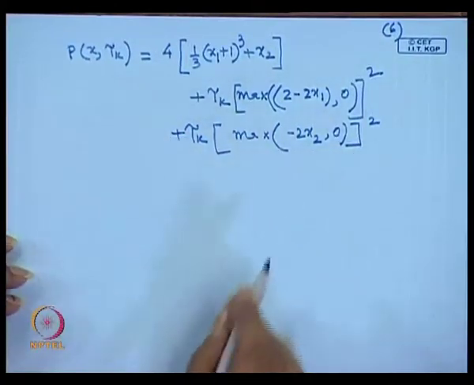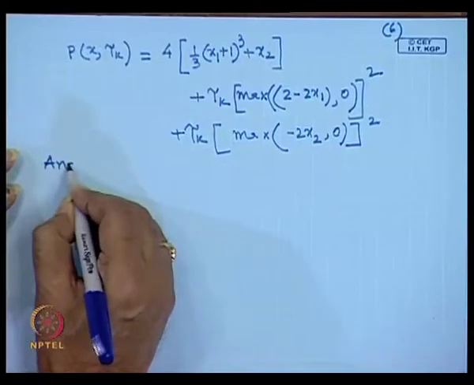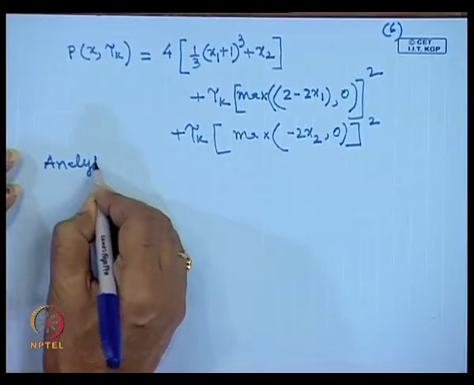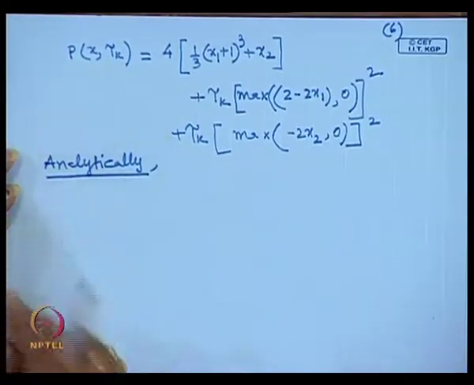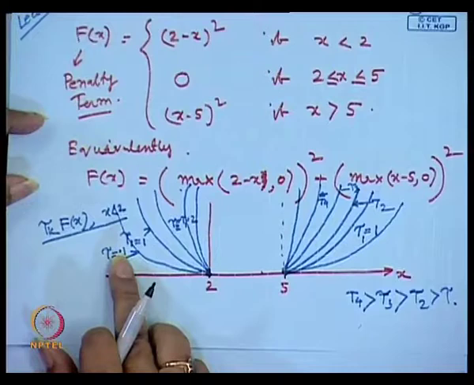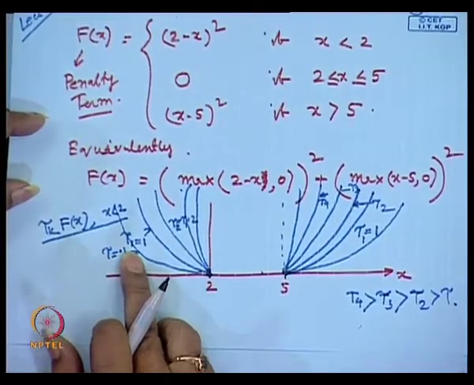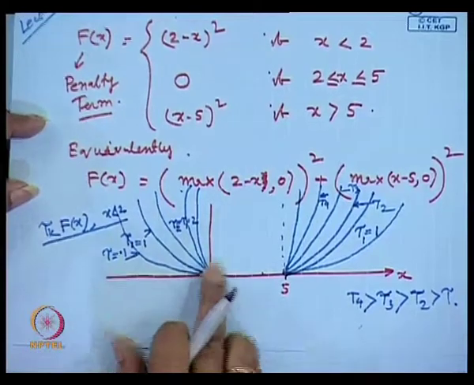Now you see this one analytically. The tau value we start with is large, and slowly we increase it while approaching the feasible region.